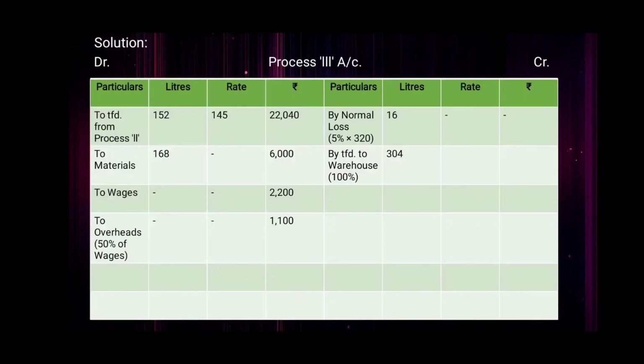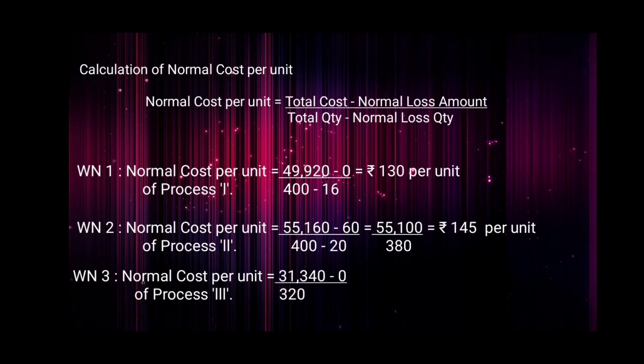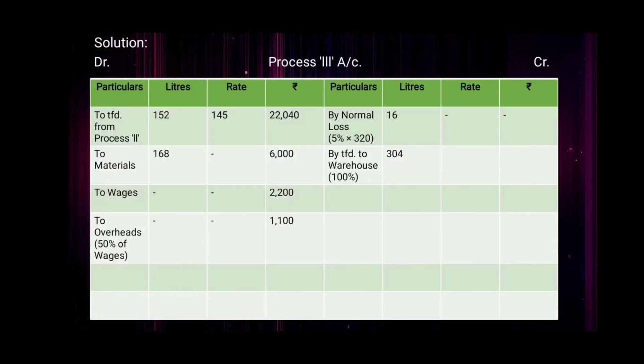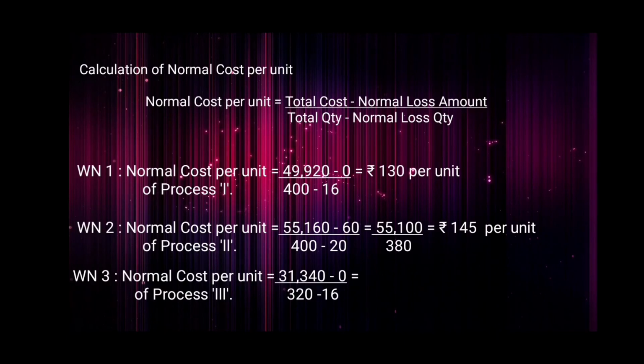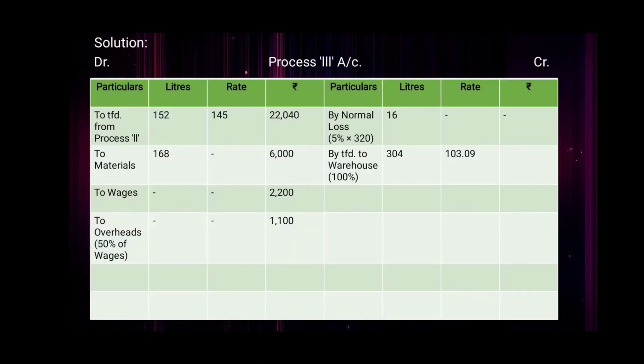So the total quantity will be 152 plus 168, which will be 320 minus normal loss quantity, which is 16, which is equal to rupees 103.09 per unit.